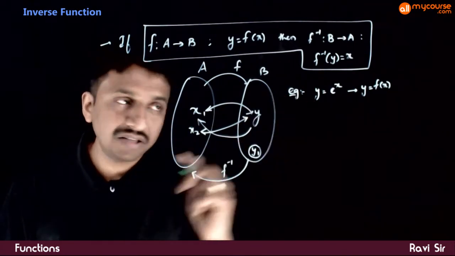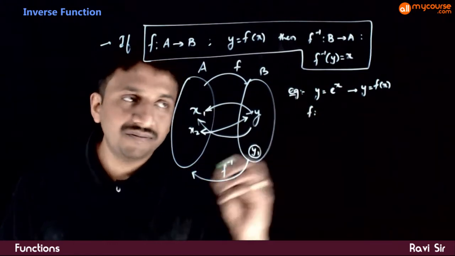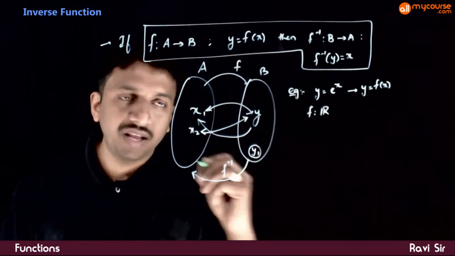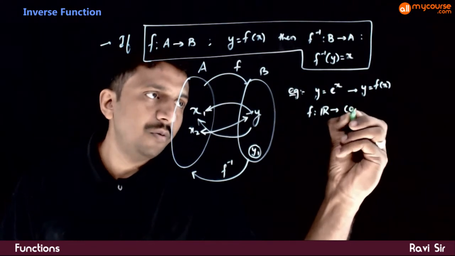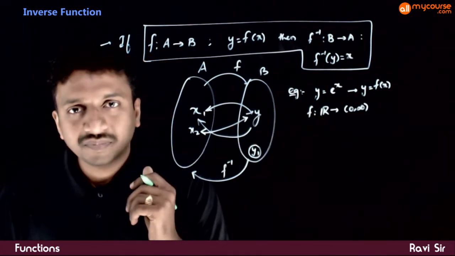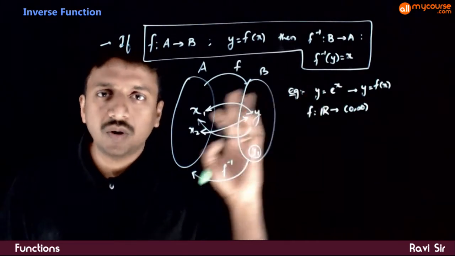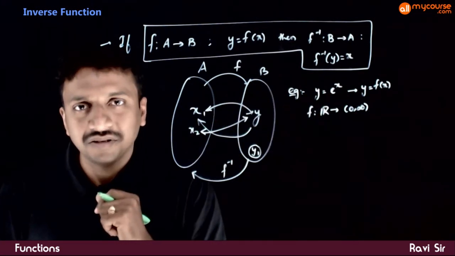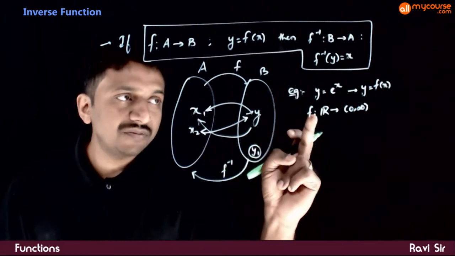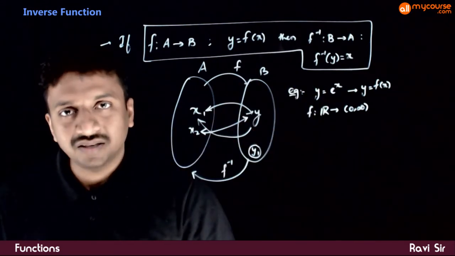This is an exponential function, defined on the set of real numbers to the set open 0 to infinity. Within this domain and codomain, y is equal to e power x is a bijective function. Now we are asked to find the inverse of this function.